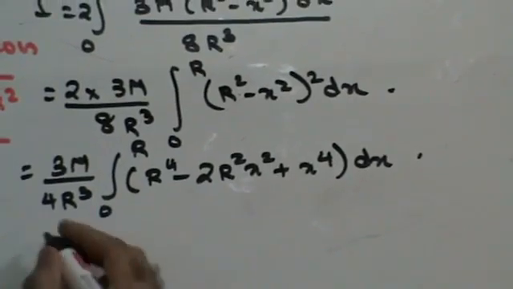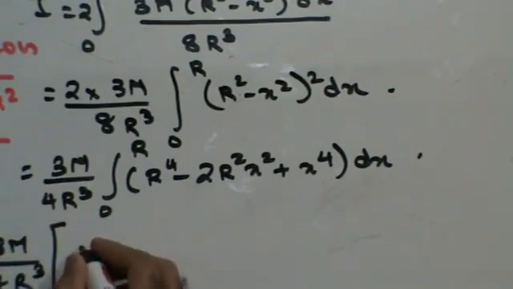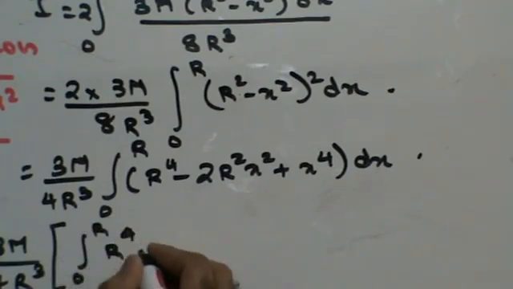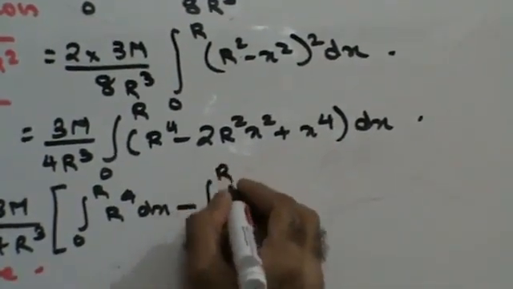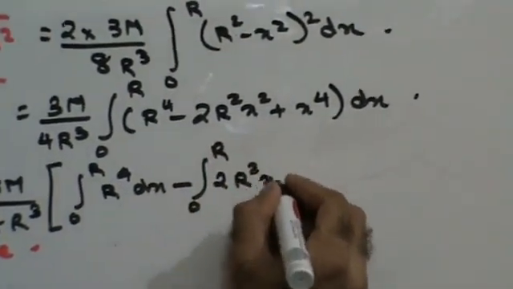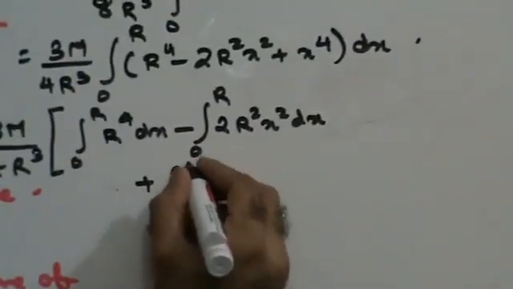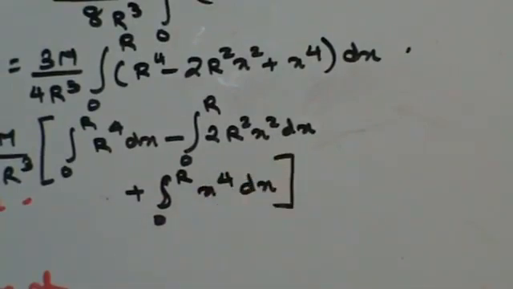Split the integral, so this is going to be nothing but 3m upon 4r cube, integral of 0 to r, r raised to 4 dx, minus integral of 0 to r, 2r square x square dx, plus integral of 0 to r x raised to 4 dx, right?